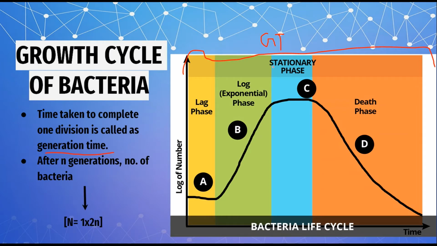We will discuss them in detail in the next slide. This is a formula to calculate the number of bacteria after a given generation time. It will help you in solving numericals. So after n generations, the number of bacteria will be this. Understood? Let's move ahead to discussing the different phases of the bacterial life cycle.